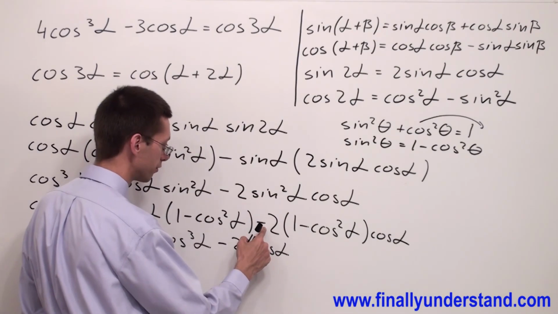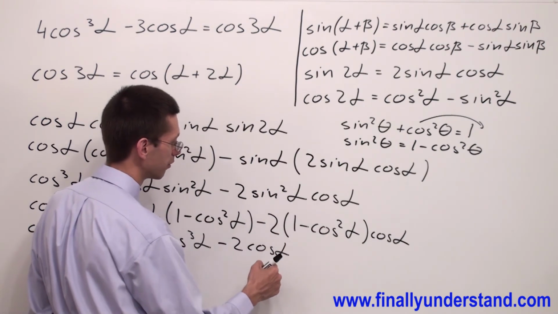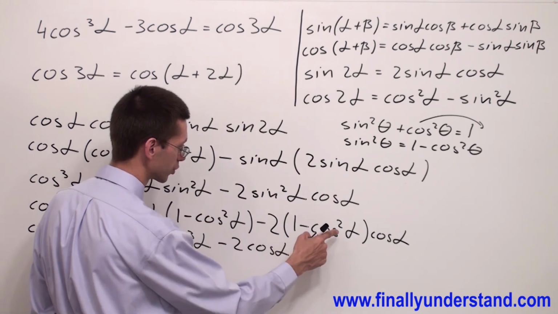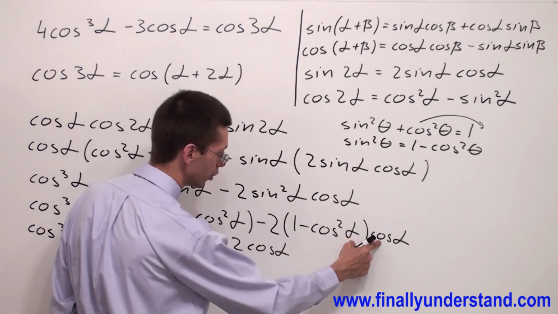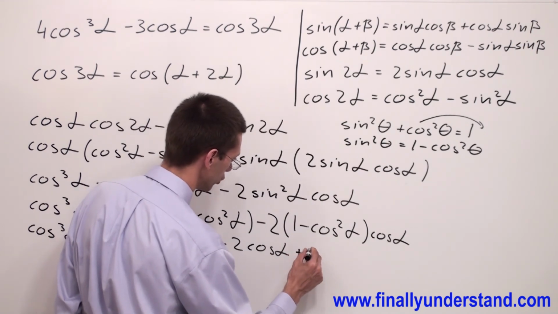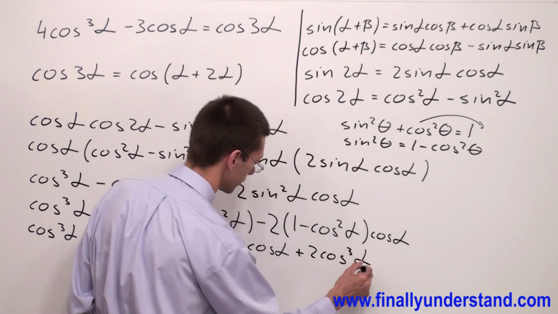Now negative 2 times negative cosine square alpha is equal to positive 2 cosine square alpha times cosine alpha, which is equal to positive 2 cosine cube alpha.